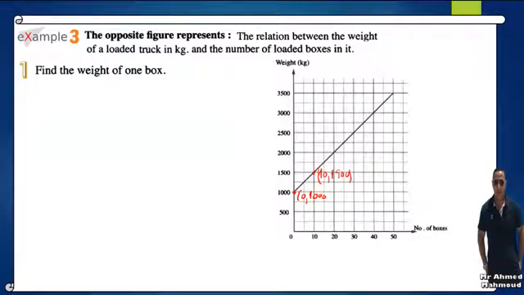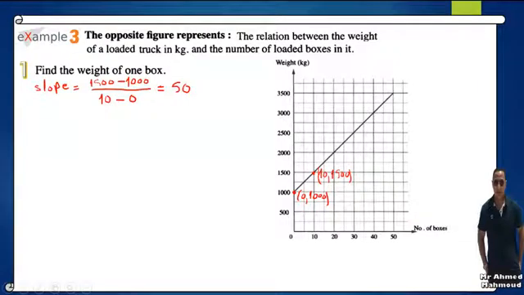Then the slope equals 1500 minus 1000 over 10 minus 0, which is equal to 50. This represents the rate of change of the weight according to the number of boxes.